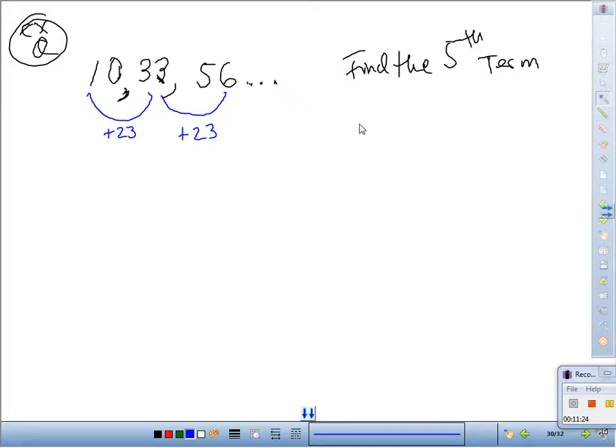If it's an arithmetic sequence, then this is D. Therefore, my D is 23. Are we there so far? Therefore, the second thing you should have done is write your formula for an arithmetic sequence: f of n equals f of n minus 1 plus D. Are we there so far? All right. Up to right there, are we good?